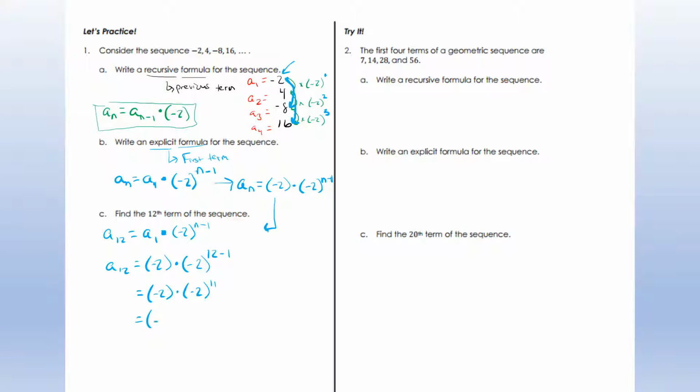And if you have your calculator, go ahead and double check on this. -2 to the 11th power would be -2048. Okay.